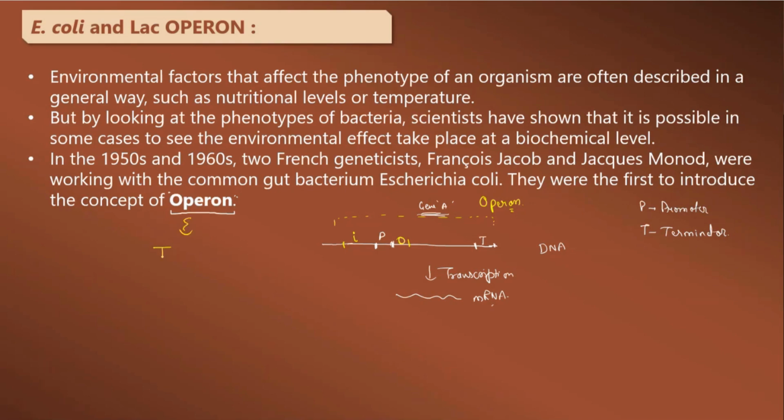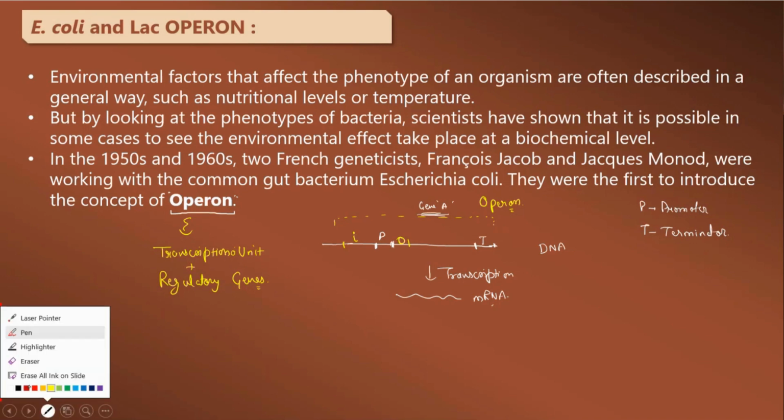So the operon is your transcription unit, which involves your promoter, a structural gene, and your terminator, along with your regulatory genes, for example, gene I here and gene O here.